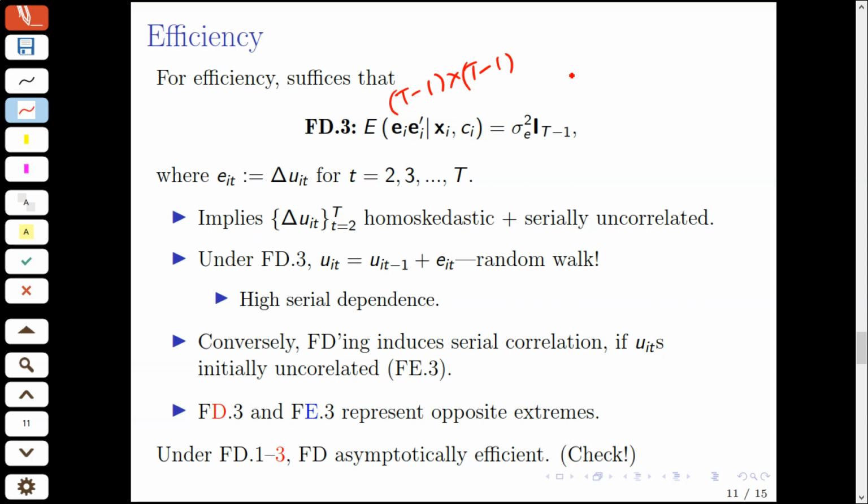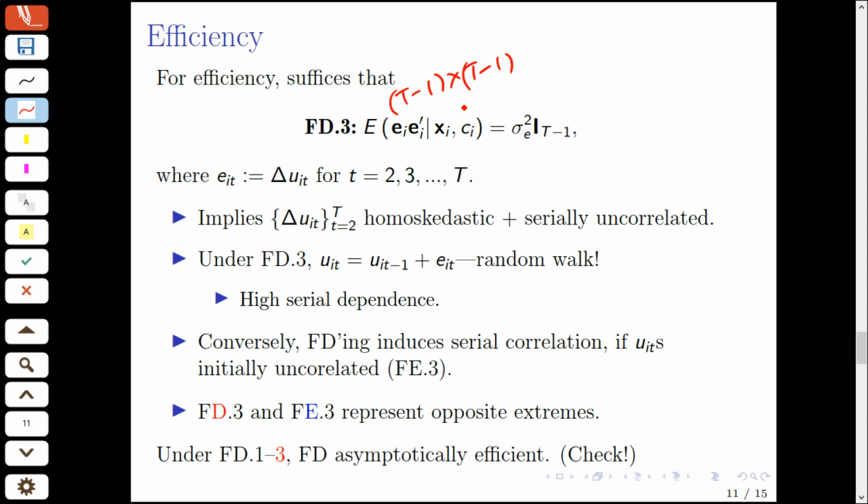Homoscedastic in the sense of having the same variance across time within a given individual. And the serial uncorrelatedness comes from the fact that the identity matrix is 0 off the diagonal. This means that the differences in the uit's are homoscedastic as well as serially uncorrelated. And in fact, since we're conditioning on all of the xit's as well as the individual effect, this homoscedasticity and serial uncorrelatedness must hold in a conditional sense as well.